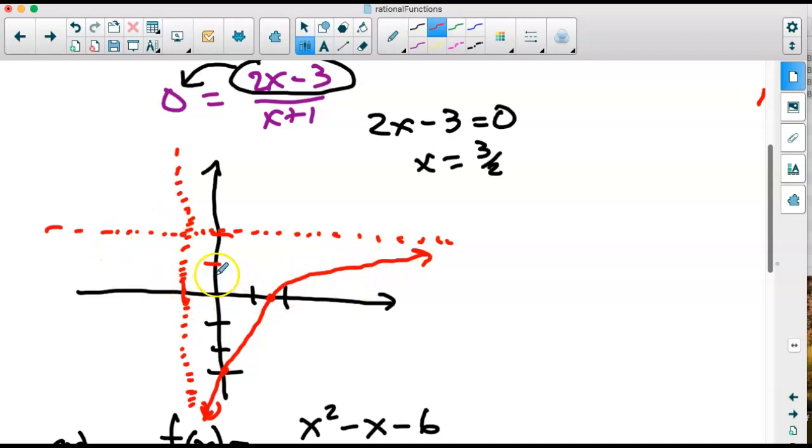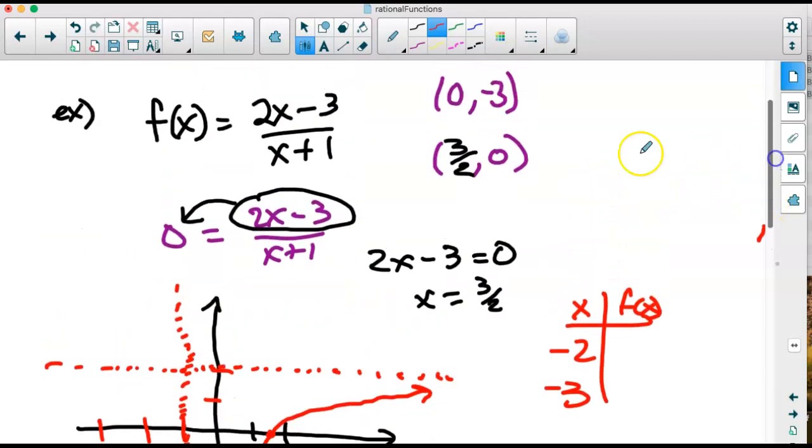Now, to draw a real graph, we need a couple of points over here. So we would try some other values in here to get some more points so that we would be able to graph. It's either going to be down here or in this section; we just don't have the graph of that. So I'm going to put in some values that are over here, negative 2 and negative 3, and figure out what they are so that I can complete the graph.